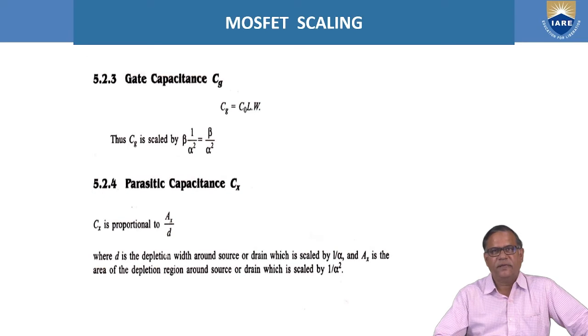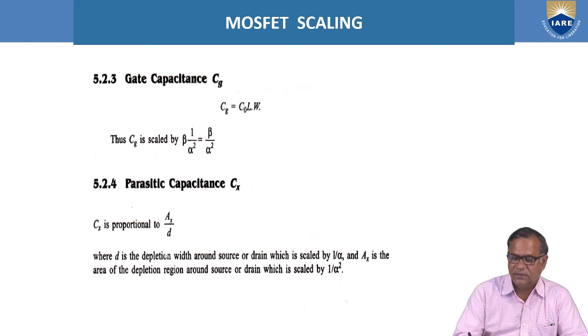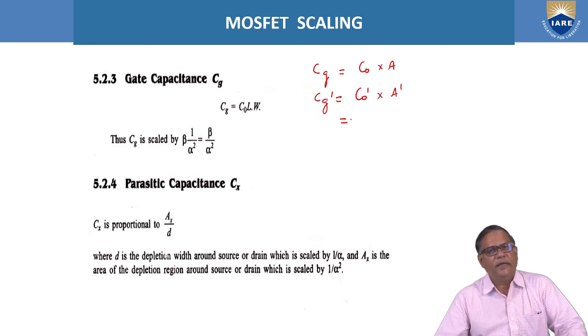Now let us see the effect of scaling on the other parameter, the gate capacitance. What is gate capacitance? So gate capacitance is Cg. That is equal to the unit area gate capacitance C0 multiplied by A. What is A? A is width multiplied by the length. So Cg dash is equal to C0 dash into A dash. So what is C0 dash? Just now we discussed that the unit area gate capacitance increases by a factor beta.